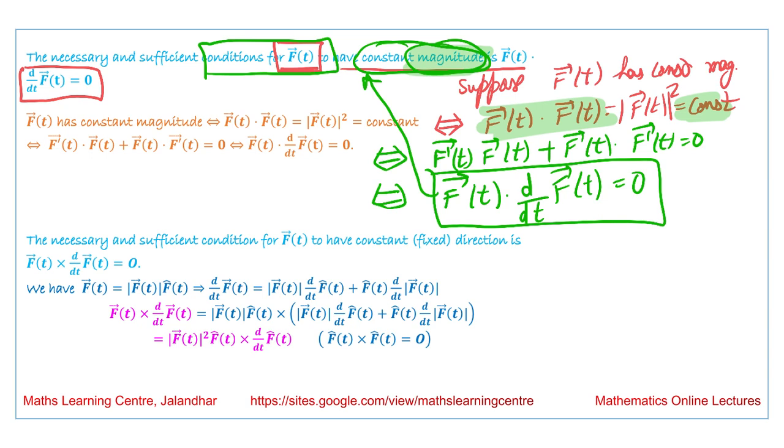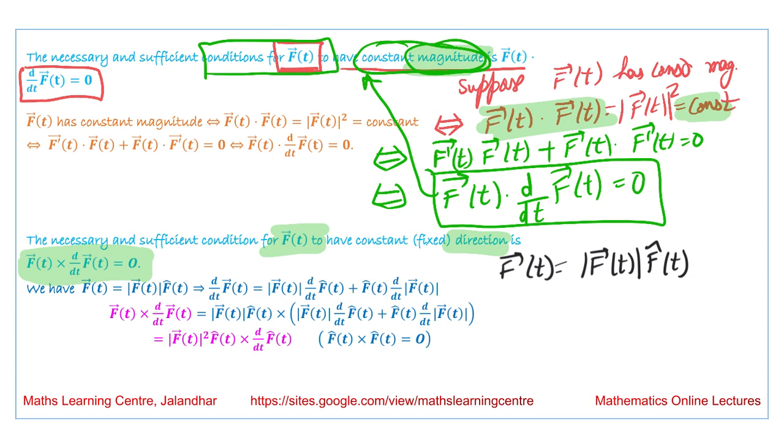Next, the necessary and sufficient condition for f dash t to have constant direction is that the cross product of these two terms is the 0 vector. We can write f vector t equal to mod of f vector t into the unit vector of f vector t, the direction of f vector t.